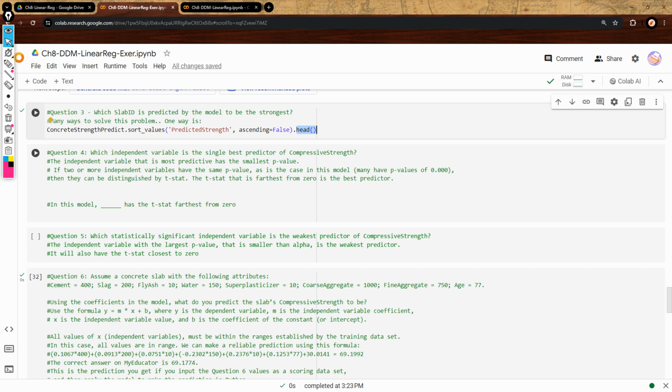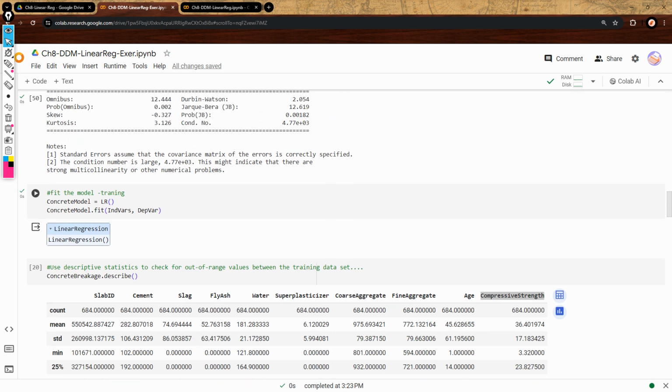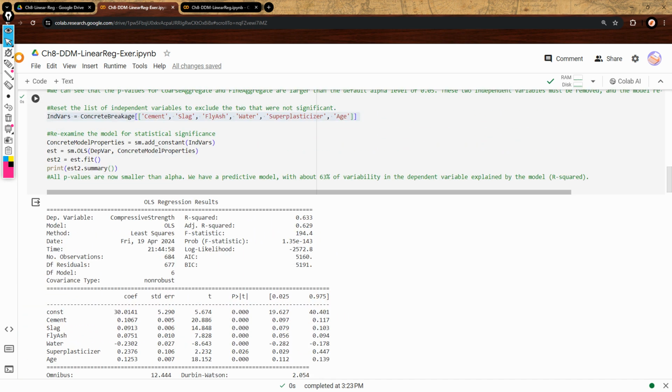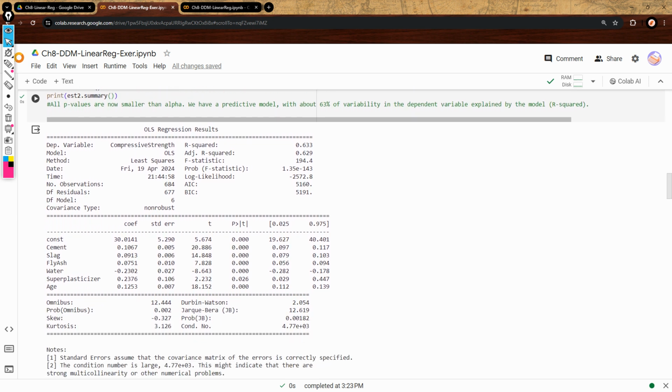And if two or more independent variables have the same p-value, as in this model, let's go back to our summary table. This is our summary table after we got rid of two independent variables. As you can see, if you try to find the smallest p-value, unfortunately pretty much everything is 0.000, which is too small.